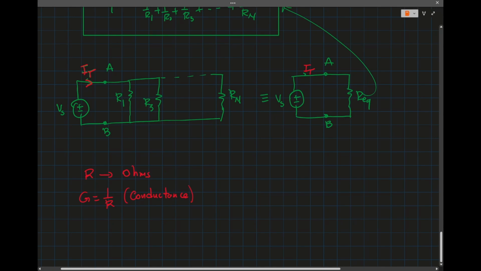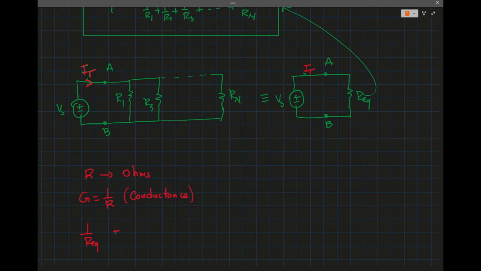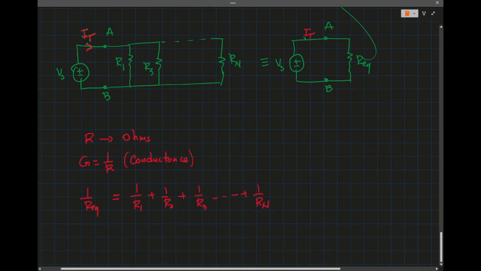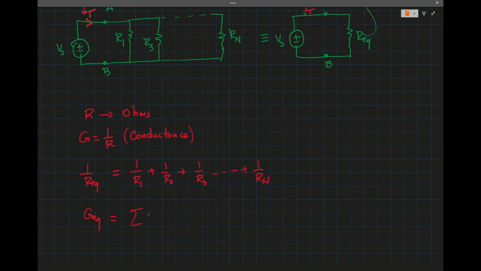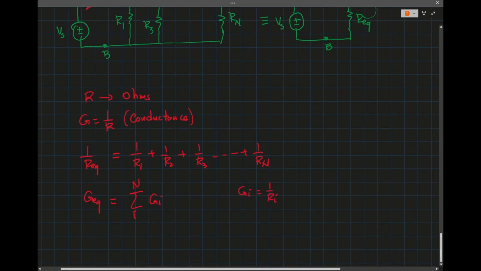So that means we have 1 over R equivalent, which is 1 over R1 plus 1 over R2 plus 1 over R3 plus 1 over Rn. So the equivalent conductance is just the sum of the conductances, G1, G2, and G3 and so on, where Gi is 1 over Ri.